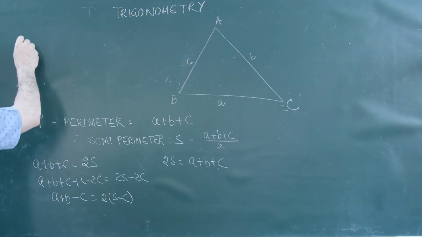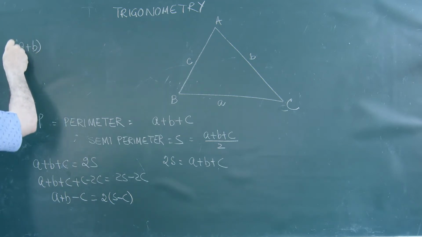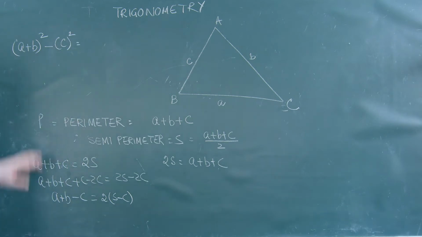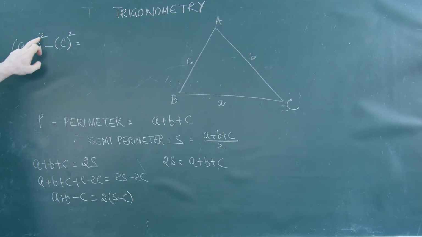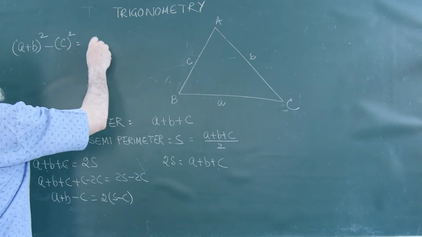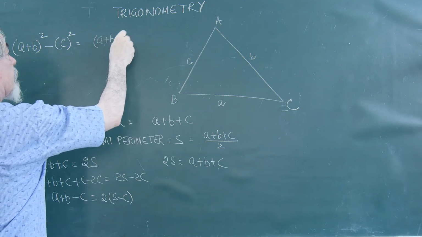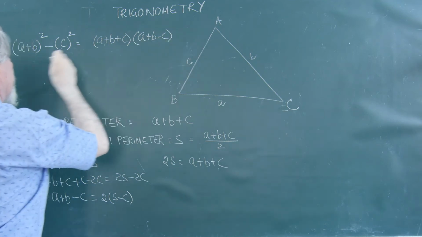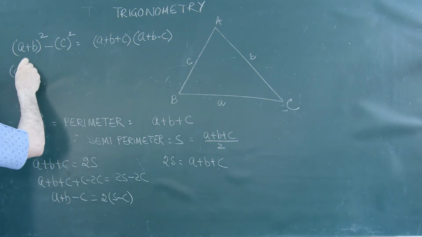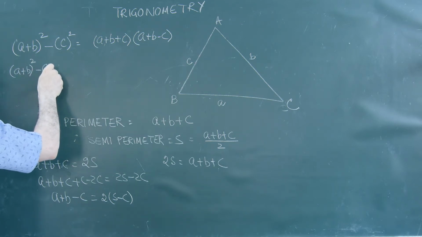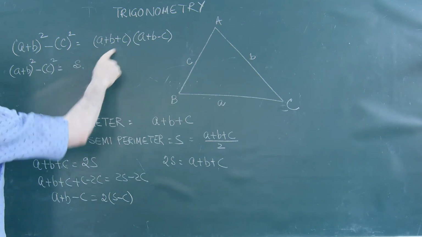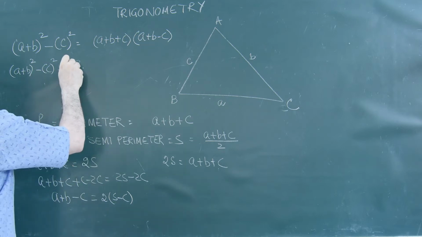Now you know a plus b whole square minus c square. Suppose I have to factorize this. This kind of factors you have done always. a plus b whole square minus c square will be a plus b plus c once you add them, and a plus b minus c once you subtract them. Now a plus b plus c is 2S.